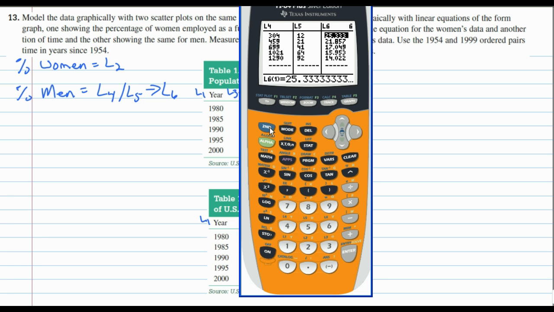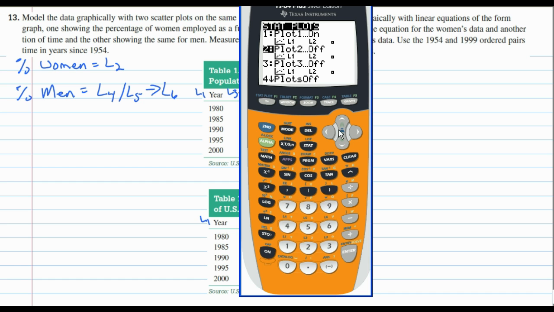And we want to do this over time. So now I'm going to change stat plot 1. Let's see, that already has the percentage of women over time. Now I want to go to stat plot 2. I'm going to turn that on. The x values are still going to be the years. The y values this time are going to be the percentage of men, so I want L6.